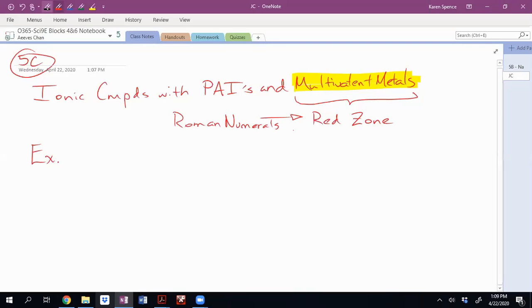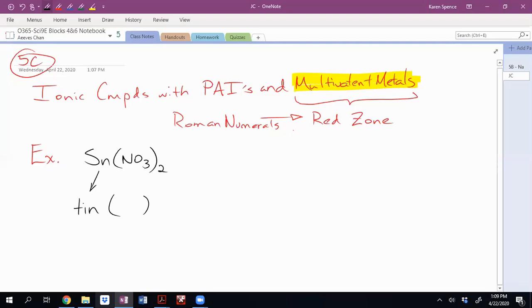Let's start with Sn(NO3)2. Okay, Sn, if you don't know, is tin. It is in the red zone, so we will need a Roman numeral. And we have NO3.